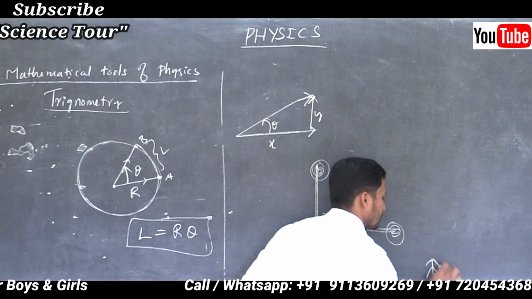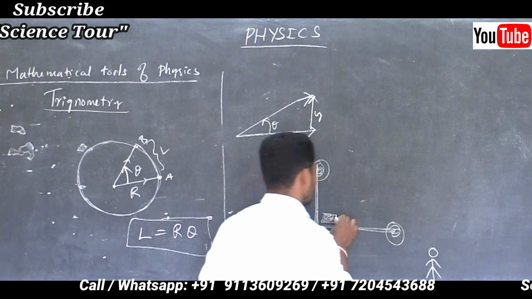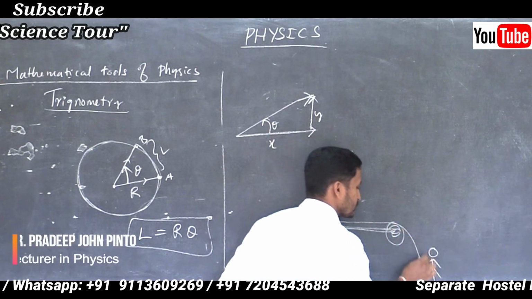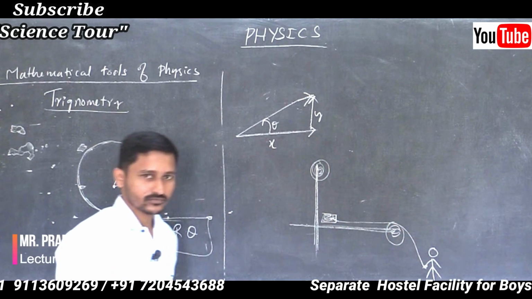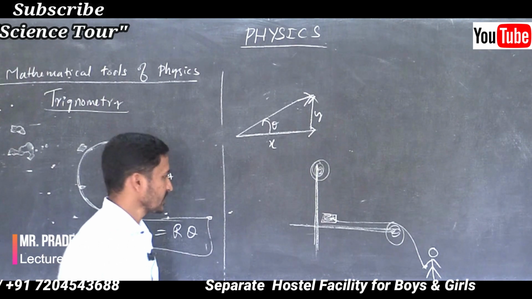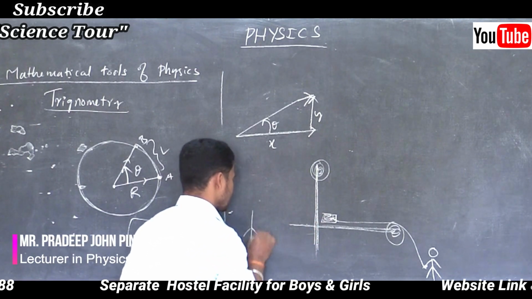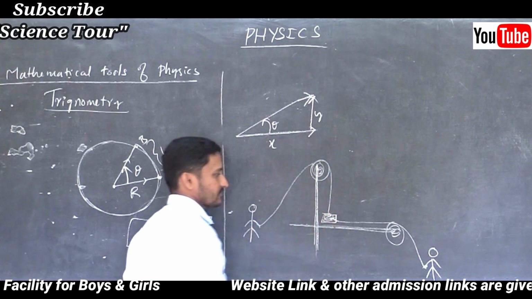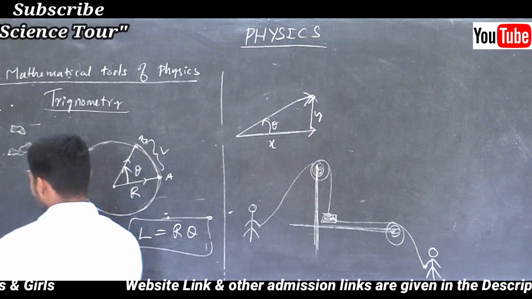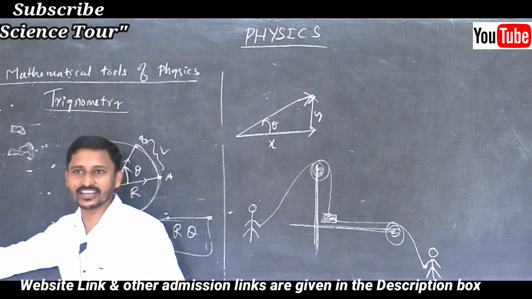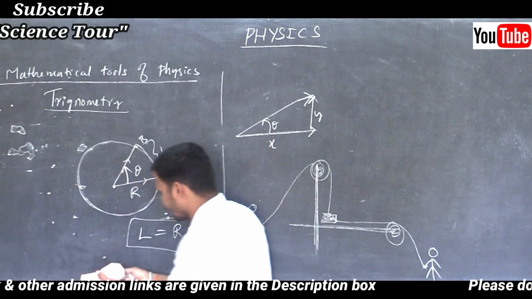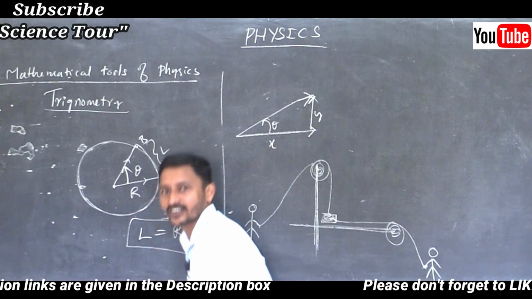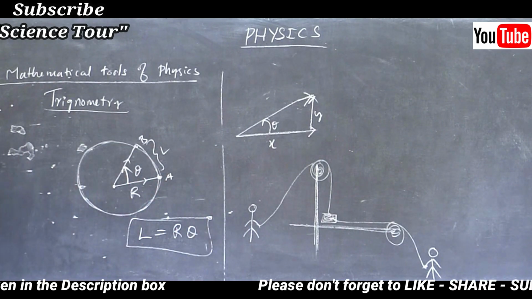Somewhere here one person is standing, and a thread is tied to that object. Somewhere this person is standing here and a thread is tied to this object. It is like this: at the corner one object is there on the board, I am going to pull it in this way, and one person is going to pull it this way.